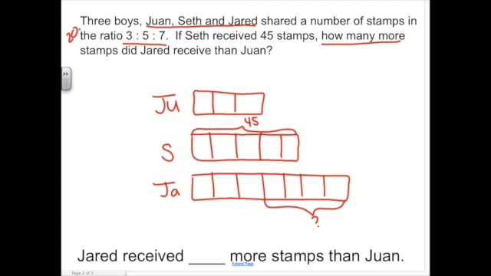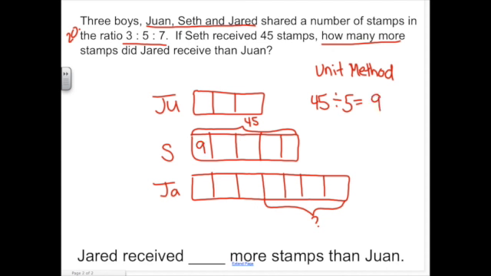Now I can use the unit method to solve this problem. I know that Seth has 45 altogether. He has a total of 5 units. So to figure out what one of those units is, I'm going to need to do 45 divided by 5, which equals 9.